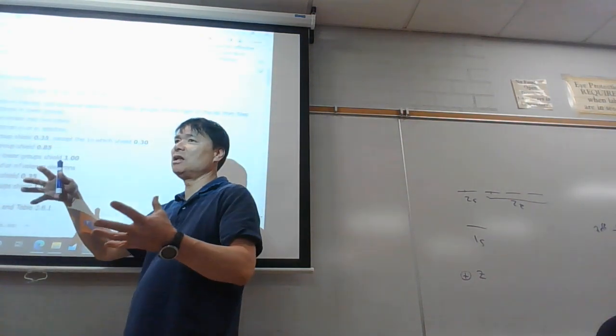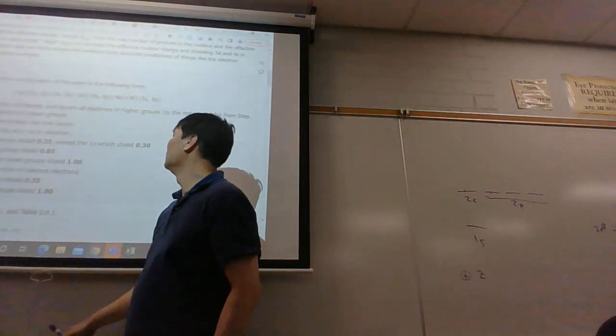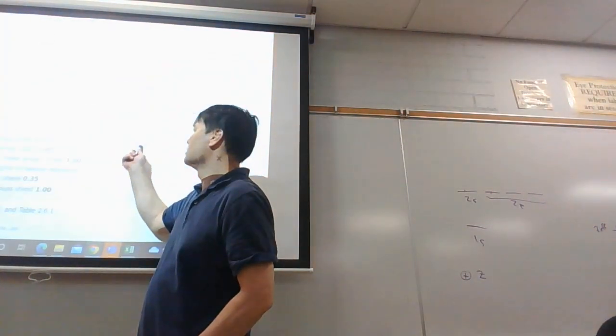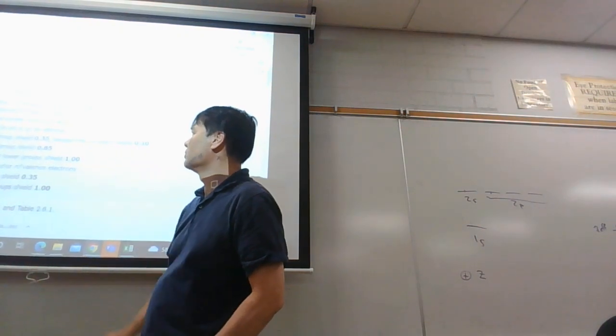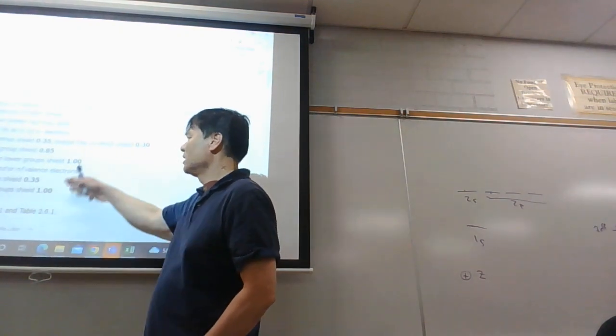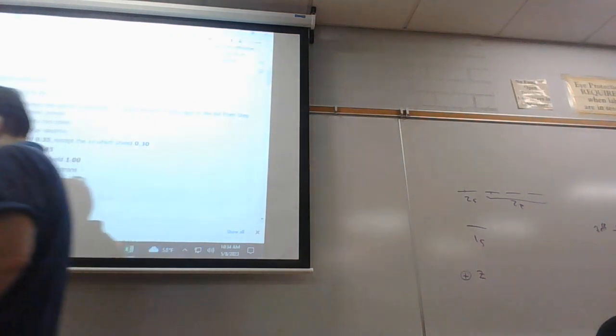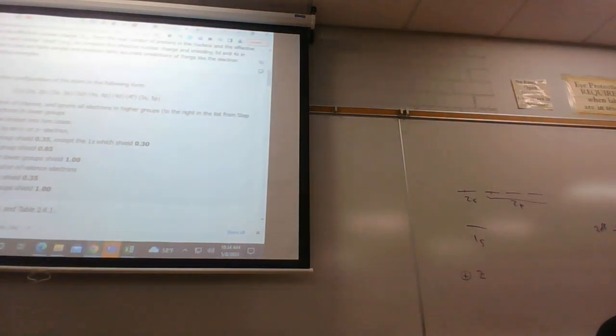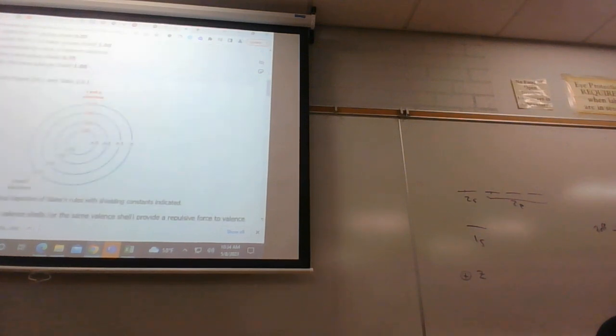And then for the same shell, it depends on how big it is, although there must be some repulsions going on with that. And these are Slater's rules. I thought we had it in the homework, but maybe not. So this is the scheme for shielding.